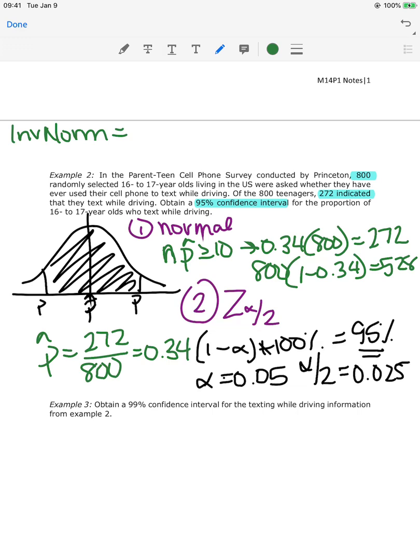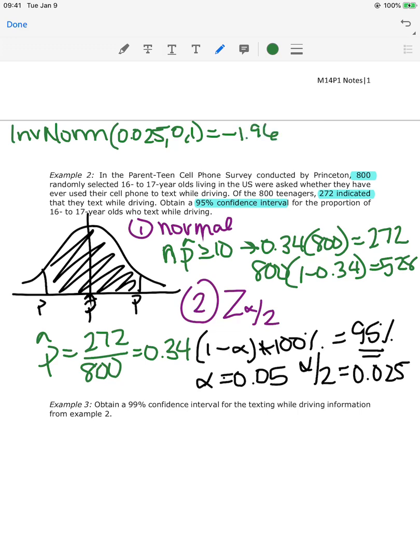You're going to type in 0.025, 0, and 1. Make sure you leave those as 0 and 1. Otherwise, you're going to get the wrong answer. Okay, so let me actually show 0.025, 0, 1. And we get negative 1.96.